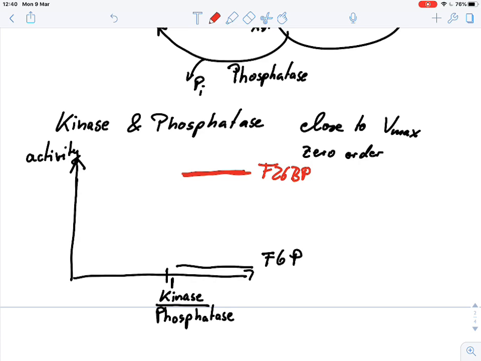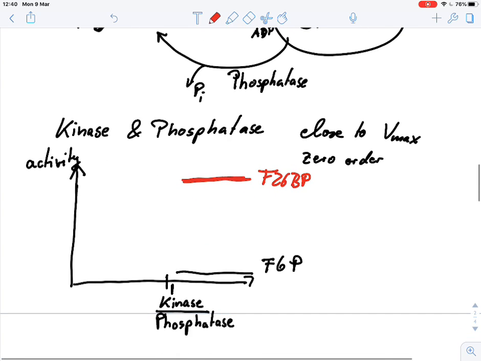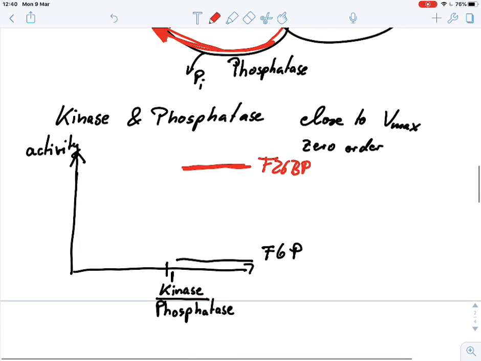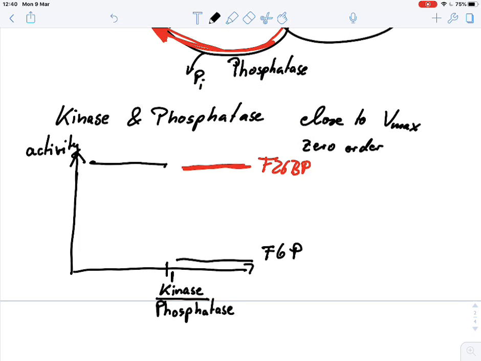On the other hand, if the phosphatase is stronger, so kinase divided by phosphatase is smaller than 1, we go that way. Therefore, everything will be in the F6P state, and nothing will be in the F26 bisphosphate state.